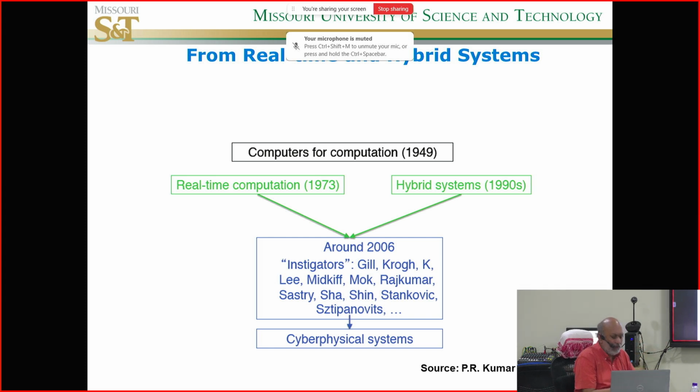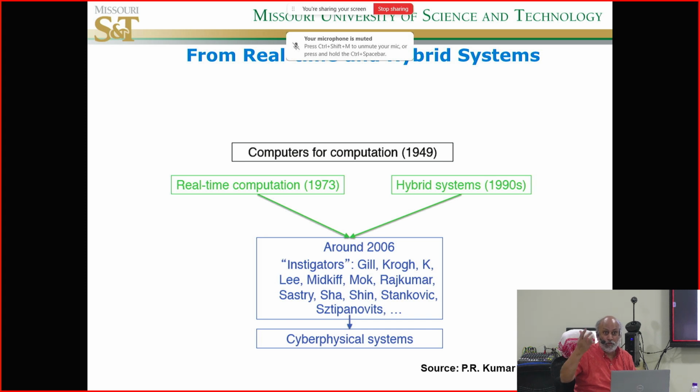So this is from real-time systems to hybrid systems. That's the title. You can see that in 1949, computers were basically about computations. In 1973, there is the topic of real-time computations. And hybrid systems came in 1990. Hybrid means both continuous and discrete mathematics, because computers work in the discrete domain, and physical systems operate in the continuous domain.